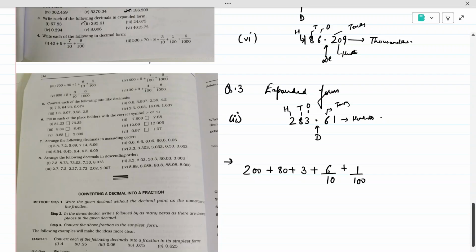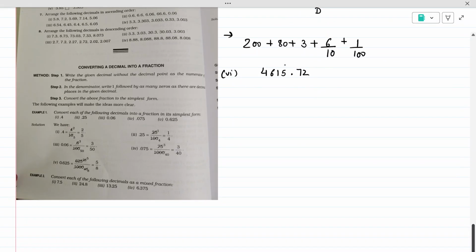Similarly, let us pick the sixth part also. In the sixth part, what we have is 4615.72. Here 5 is at 1's place, 1 is at 10's, then 100's, then 1000's place. And similarly, we have a decimal point. This is the 10th place and this one is the 100th place.